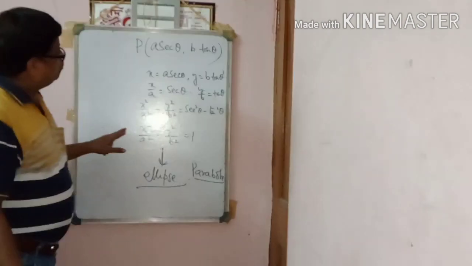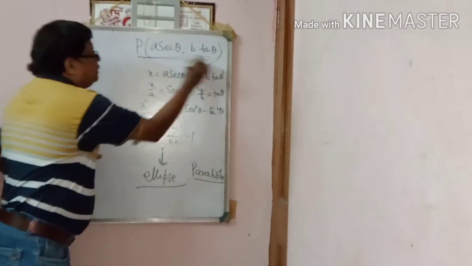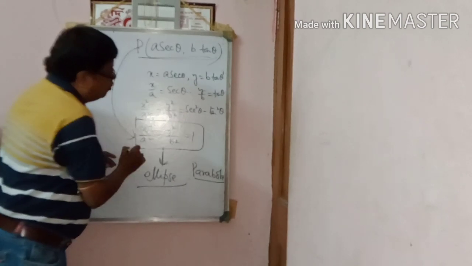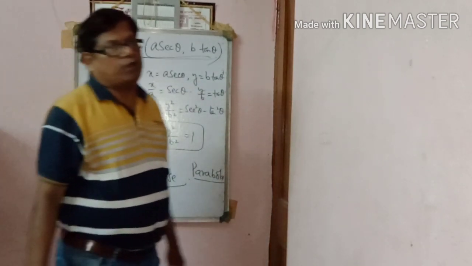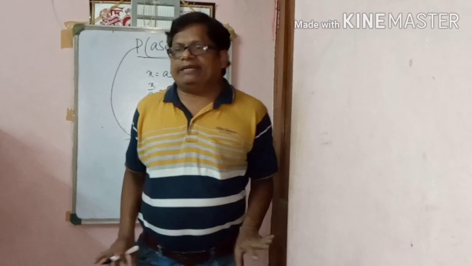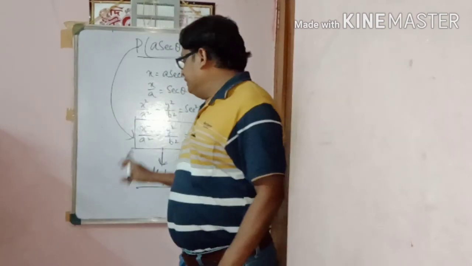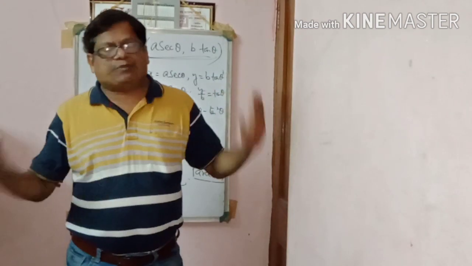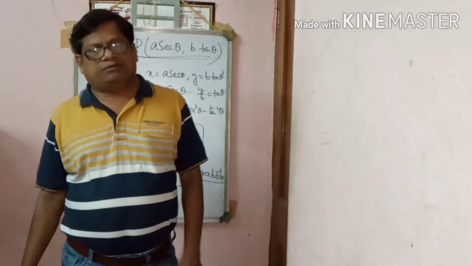Now this point's locus is this. So this is an equation of a hyperbola. Keep in mind this equation, x square by a square minus y square by b square equal to 1.